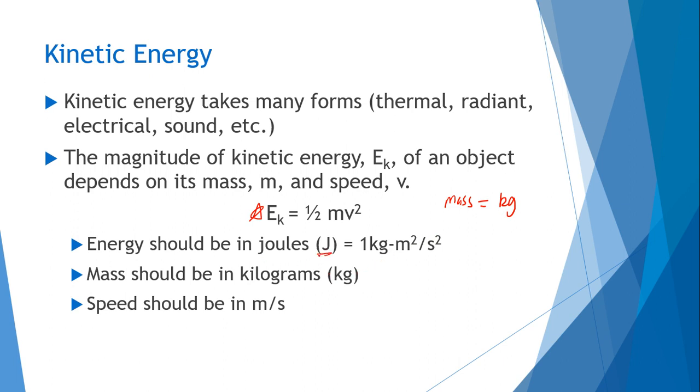Since our unit is joule, notice that the unit includes kilograms, so our mass needs to be in kilograms. And our velocity is going to be in meters per second. Again, I stated it down here: mass in kilograms, and your speed needs to be in meters per second.